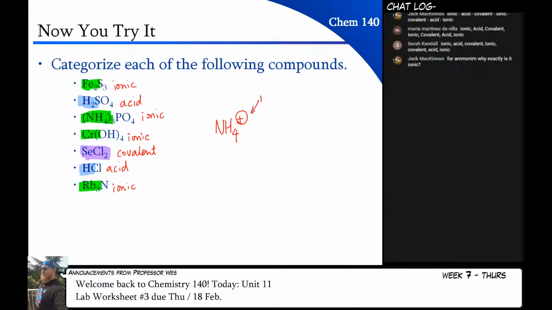This right here indicates ionic. Something is only covalent if it shares electrons. Something that's ionic can't do that. It's attracted to the other thing by charges. So whenever you see ammonium, it will always be ionic.